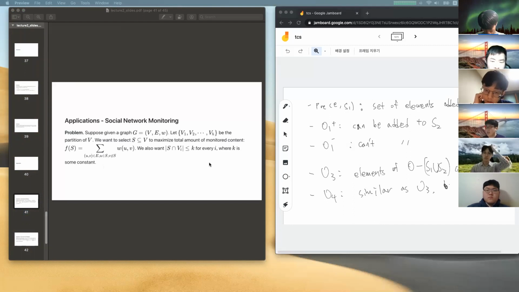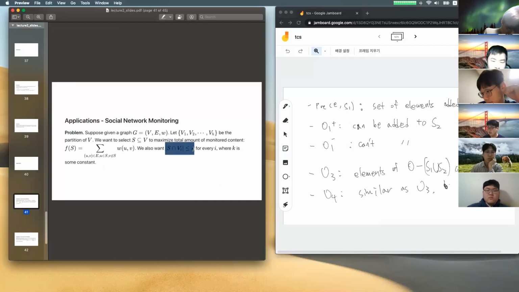So we want to maximize the total amount of monitored content, but we need to keep the intersection of each partition set with the solution set less than or equal to some fixed size, because we want to preserve some diversity, some kind of fairness, while monitoring the network.